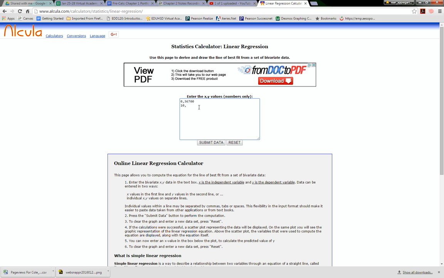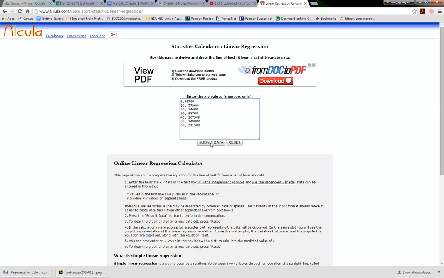So I'm just taking the values from our table. 20, 74,400, 30, 88,700, 40, 167,300, and this program will actually calculate the line of best fit for you. 50, 249,800, and 60 at 211,500.